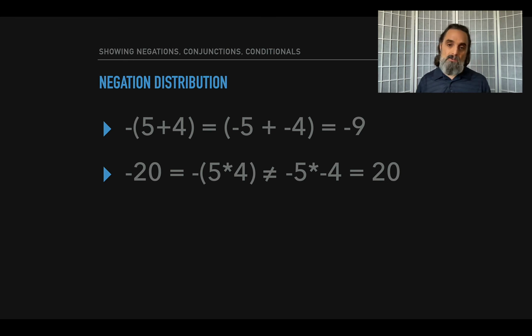Negative 5 times negative 4 is positive 20, but the negative of 5 times 4 is negative 20. So negative 5 times negative 4 is different than negative of 5 times 4. So we know in math what happens with negation and an operation like addition or multiplication. It depends on how addition and multiplication work.